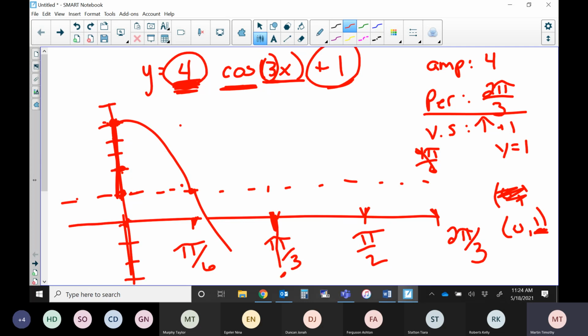So it's going to be here. It hits the minimum, goes back to the midline, and then goes back up to its maximum, which would be 5. And again, it would continue that same pattern. That one's tricky because it's cosine, so it starts up.